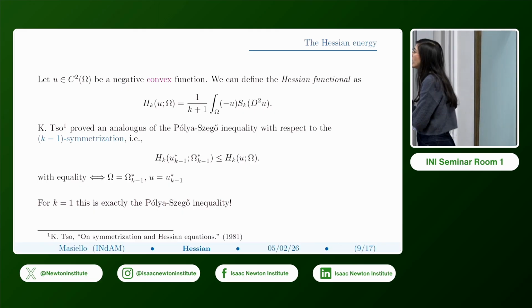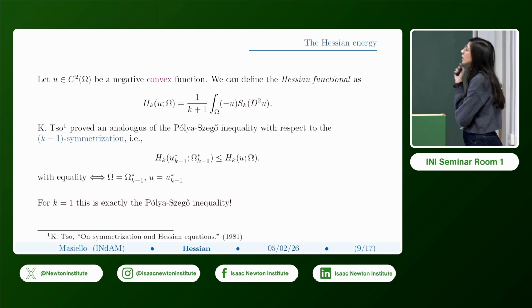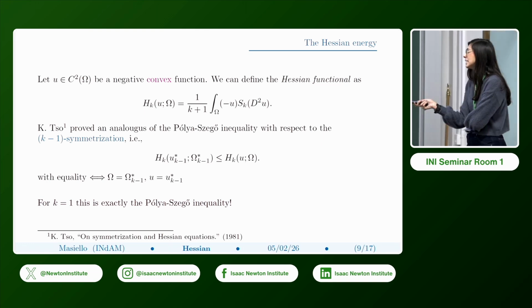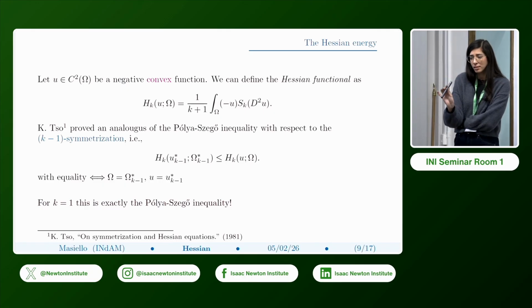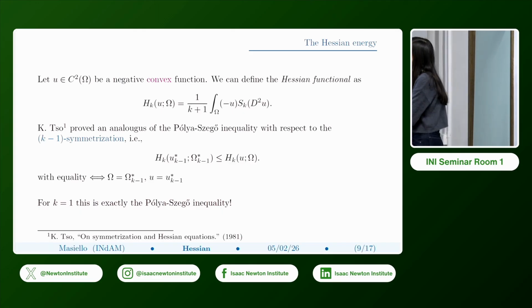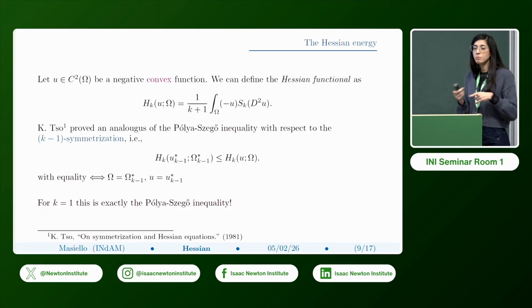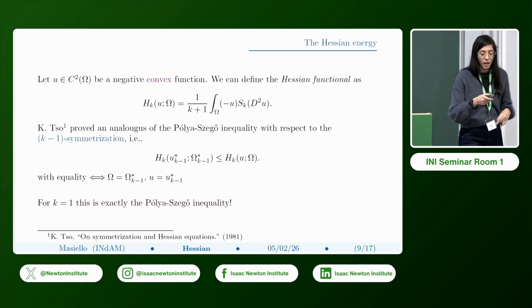Moreover, this inequality that was proved by Zhou in 1981 is also rigid, in the sense that you can have equality here if and only if your set omega is a ball and your function is already radially symmetric and increasing along the radii.